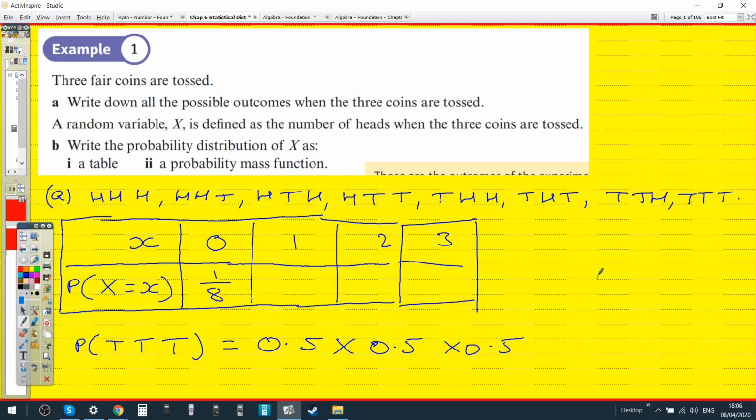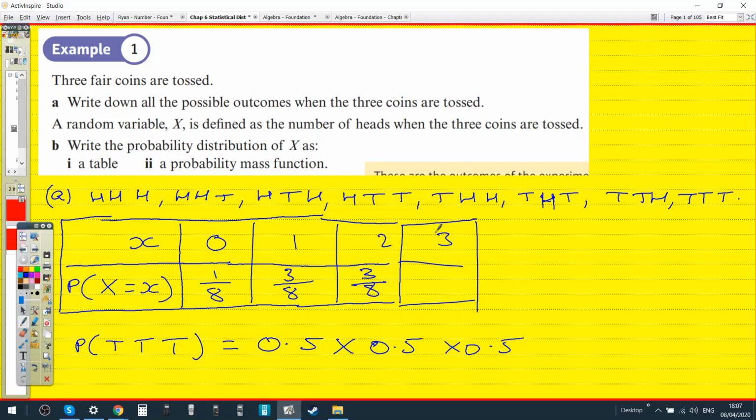Yes. How many have exactly 1 heads? 3. 3 out of 8. 2 heads. 3 as well. Out of 8.